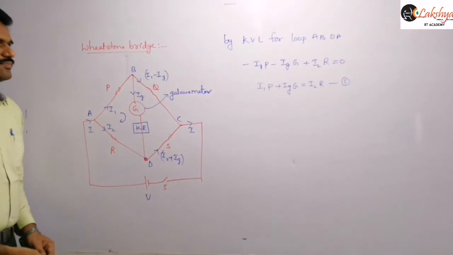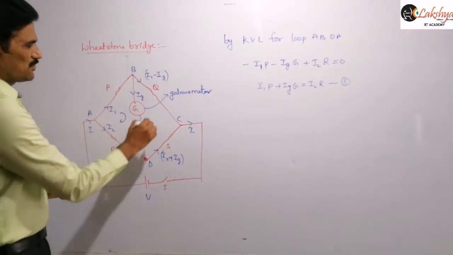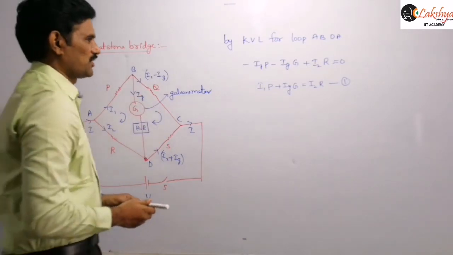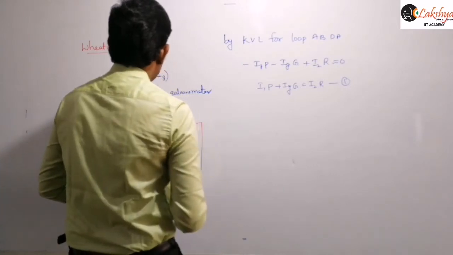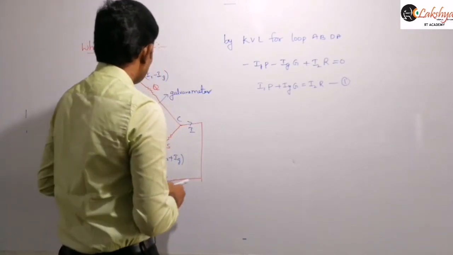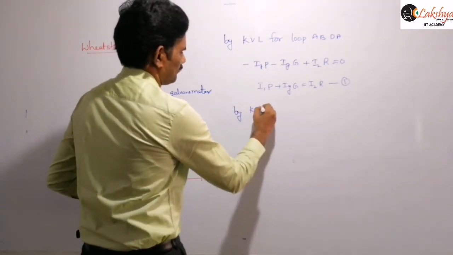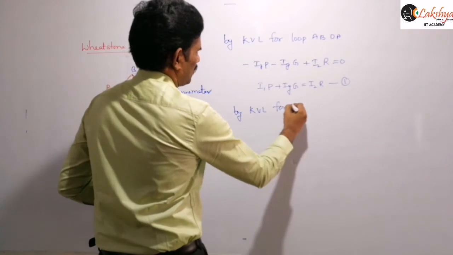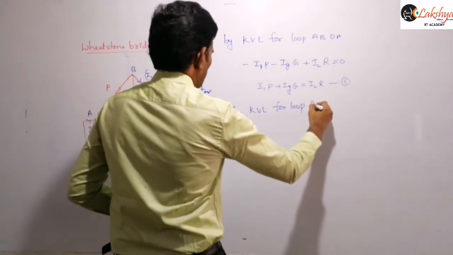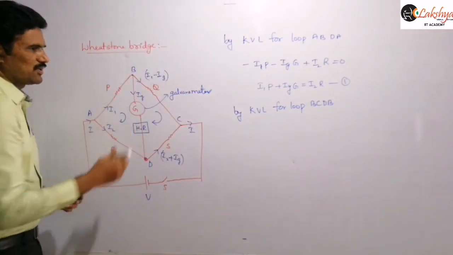And then next, you may consider the other loop here. Suppose I am taking this loop and let us apply the Kirchhoff law again in the same direction, like in clockwise sense, right? So by KVL for loop BCDB, for this loop we are applying here.